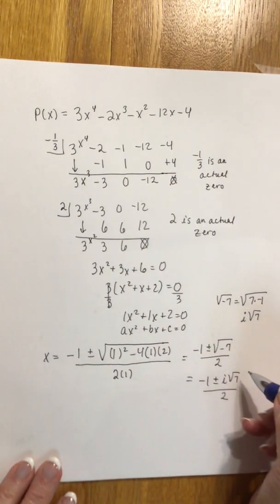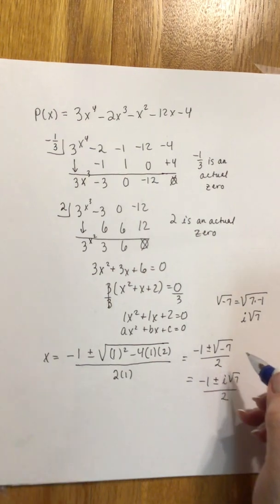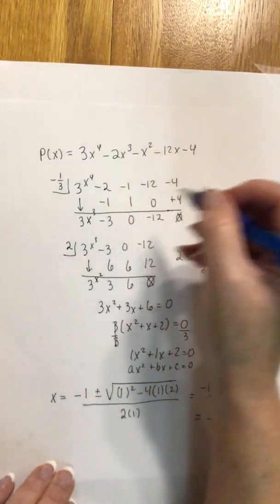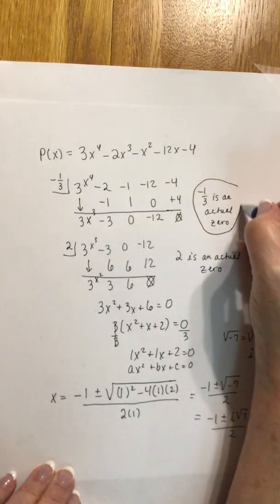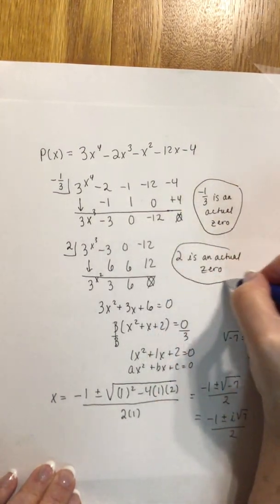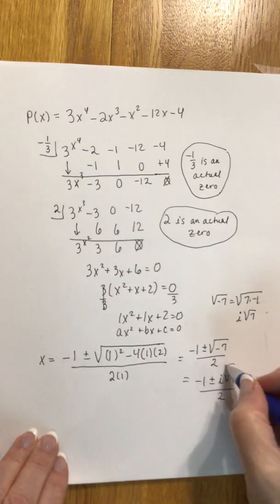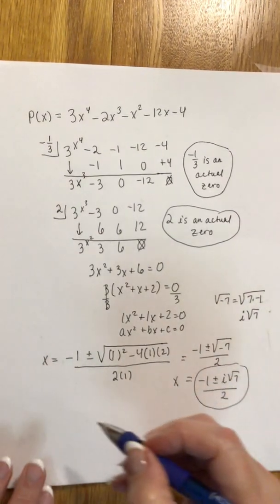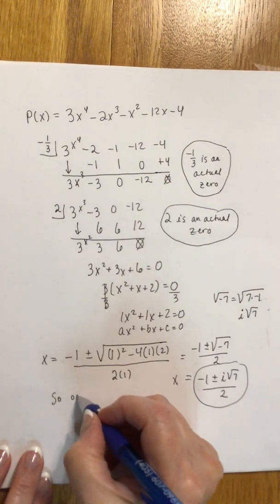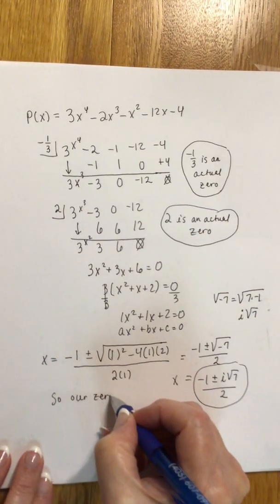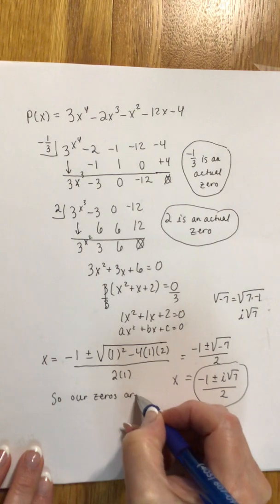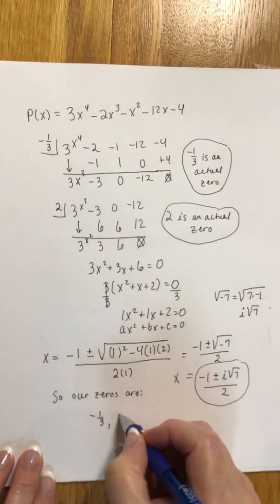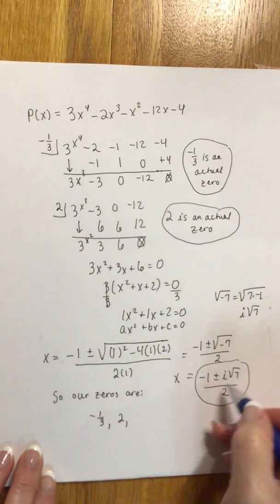So now, I said from the beginning that the degree was the number of zeros. So our degree is 4. So we have 1 zero here, we have 1 zero here, and then we have the 2 zeros here. So if I wrote them out as my zeros, our zeros are negative 1/3, comma 2, comma, how would we break this one up?